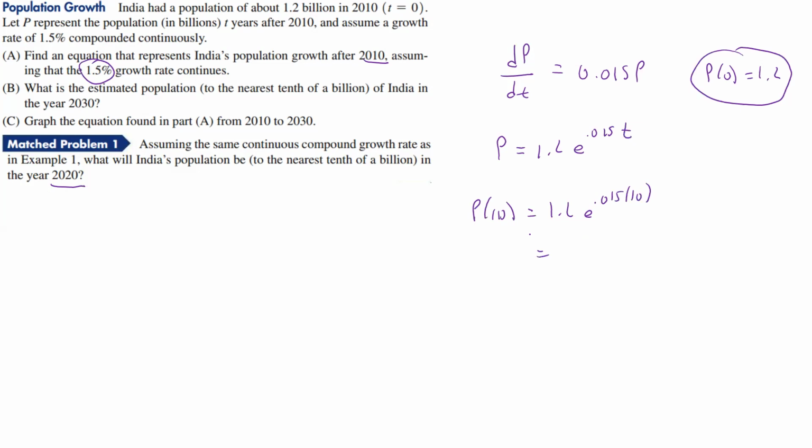If we plug that into our calculator, that's 1.2 e to the 0.15, and that gives us, rounded to the nearest tenth, 1.4 billion people. So that's our solution for India's population to the nearest tenth of a billion in the year 2020. All right, so let's stop there and we'll come back for some more.